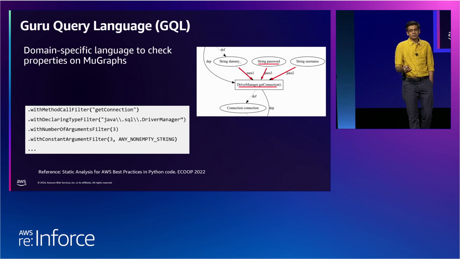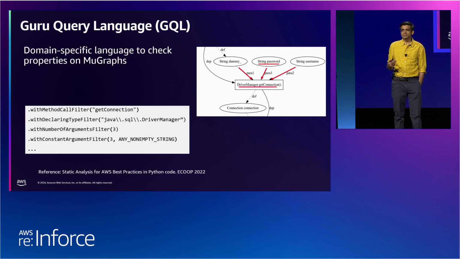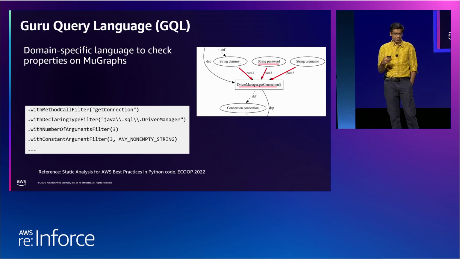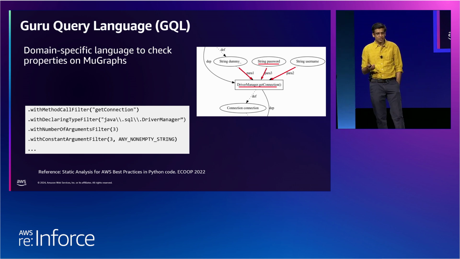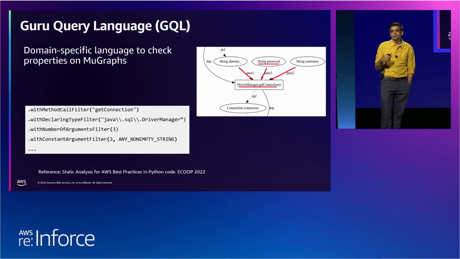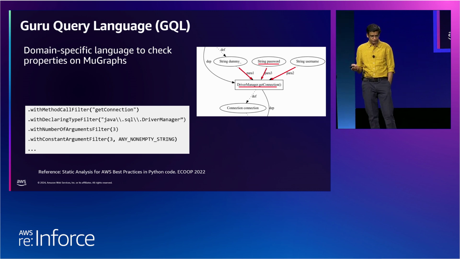So in this detector, the detection first checks for the existence of a get connection API call in the program. We want to make sure that it's not just any other get connection call, it's the one that is declared in the Java SQL driver manager class.